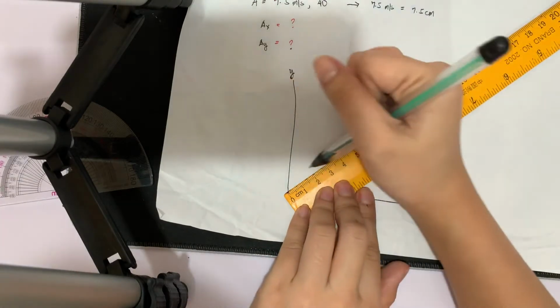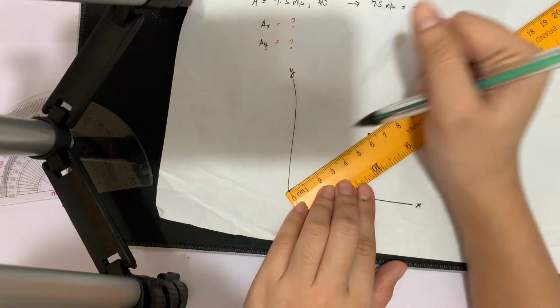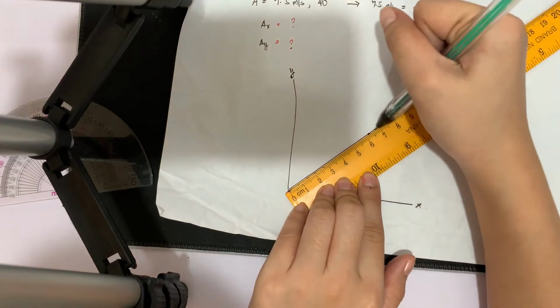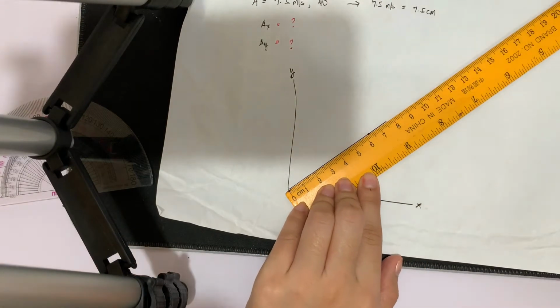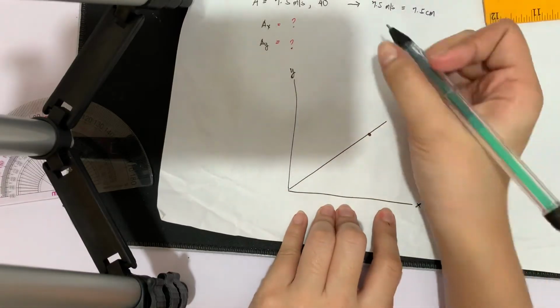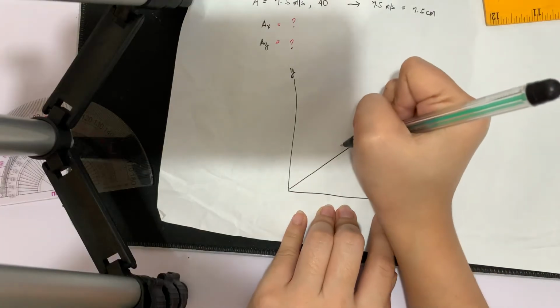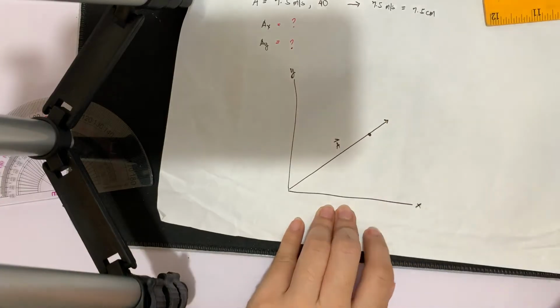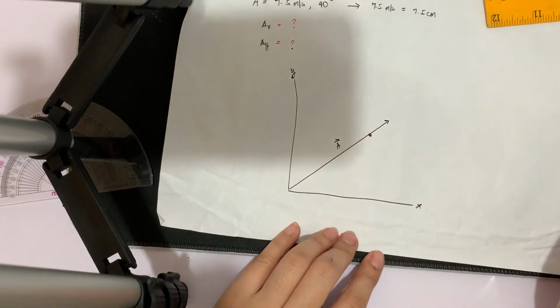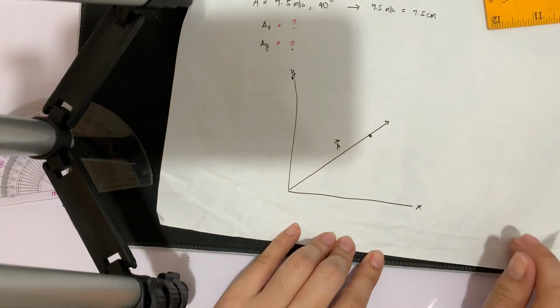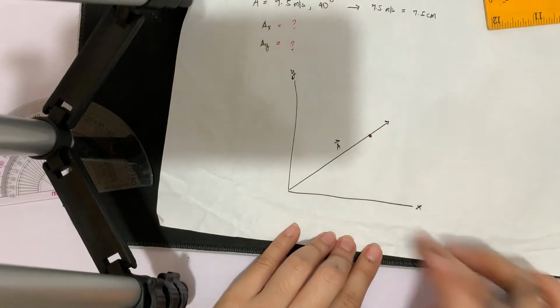So let's count 7.5. That is our 7.5 cm. We label this vector A, with the arrow at the top of the letter.